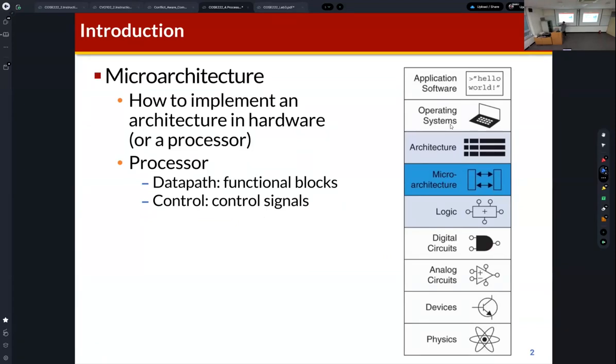In chapter 2, we learned about the RISC-V assembly instructions, and also the machine code translated from the RISC-V instructions, right? So it's still software.